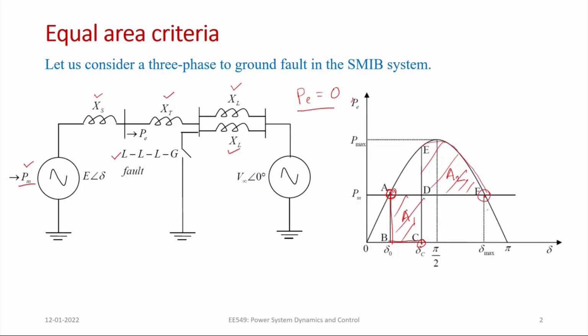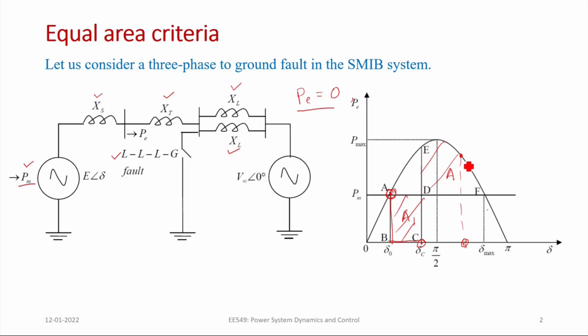So suppose under such a condition your rotor moved up to this point, and from here again it decelerates.